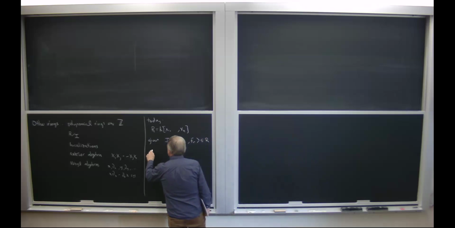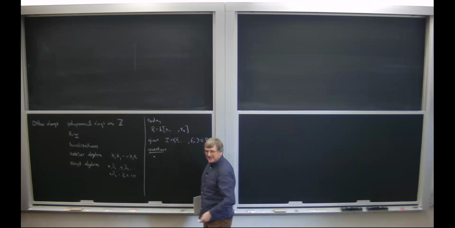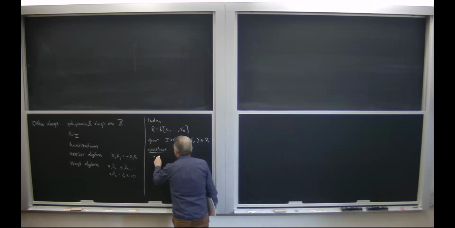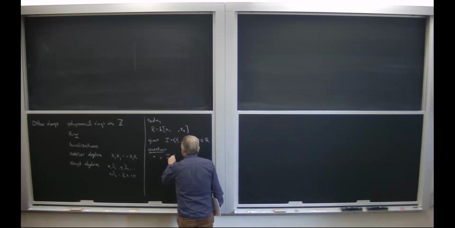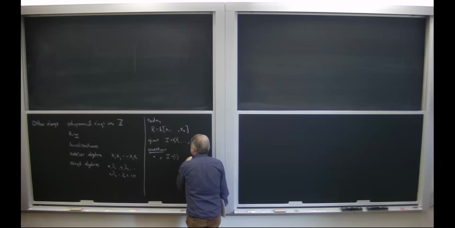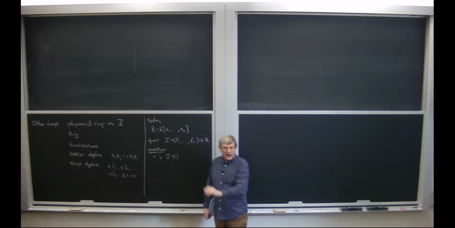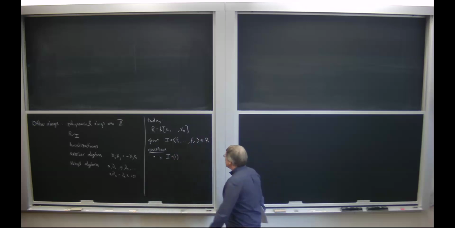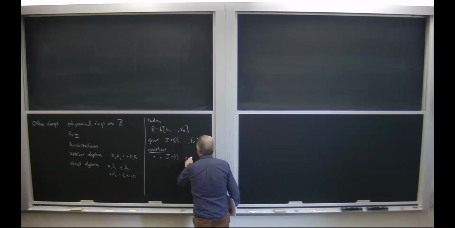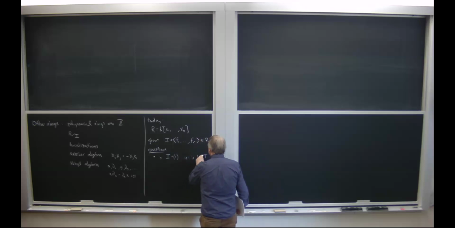Okay, so some questions. Is this the trivial ideal? Is I equal to R? Typically you write it as 1. I don't know why, but in other words, is 1 in the ideal I?